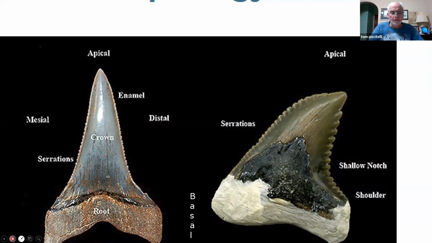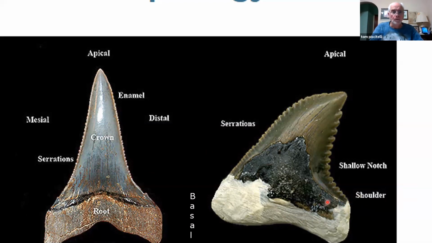How the crown meets up with the root is an important feature. The tooth on the right side shows that the crown can narrow toward the root to form what's called a shoulder. And you, Bronwyn, if you can mark that there, yes, that's the shoulder.